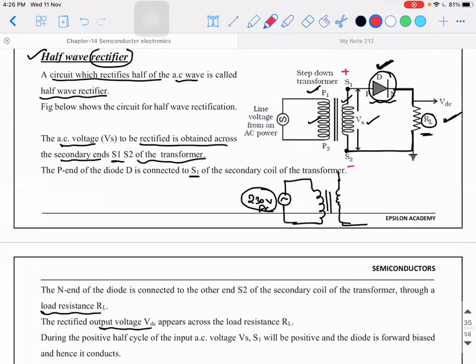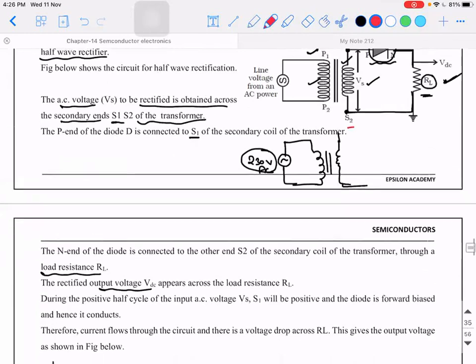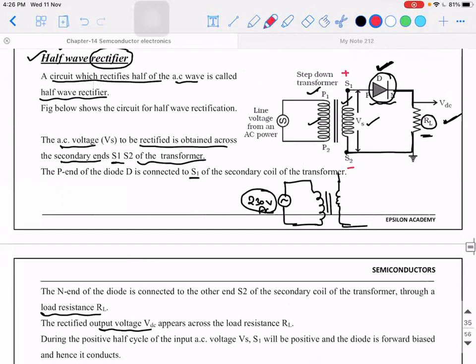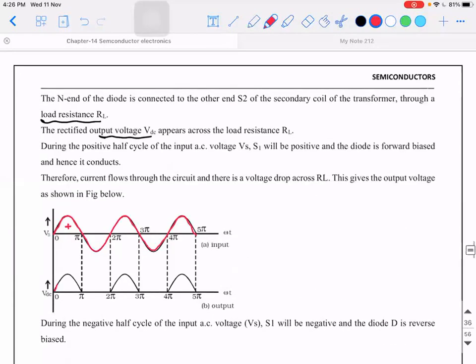Now tell me, what kind of biasing is happening here? Forward bias. Yes, it is forward biased. So in this condition, the diode will allow the current to flow through it. That is why whatever input you gave for that half cycle has appeared.